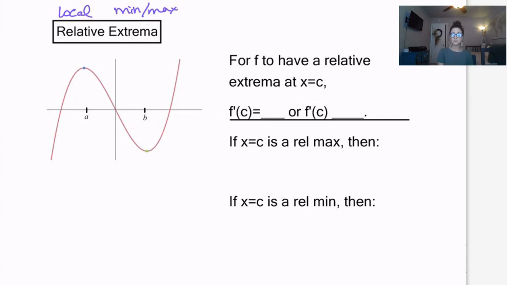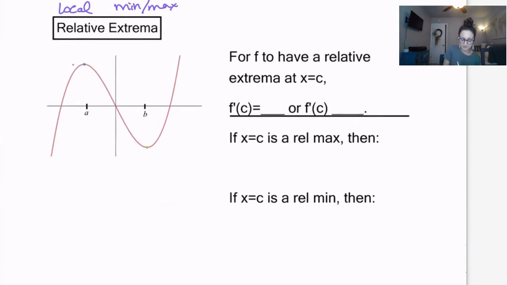So for f to have a relative extrema at x equals c, the first derivative either needs to be 0, like that, right? Or it could also be at a corner. And if I've got a corner or a cusp, then the first derivative is what? DNE, yeah. Okay, so that's where I could have relative extrema.